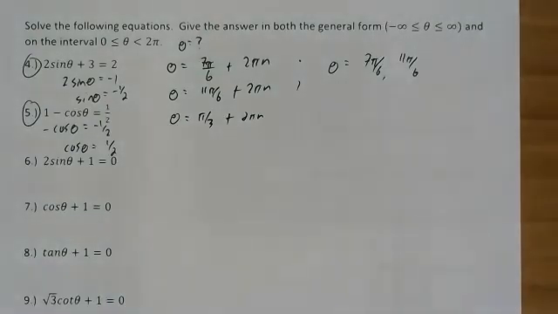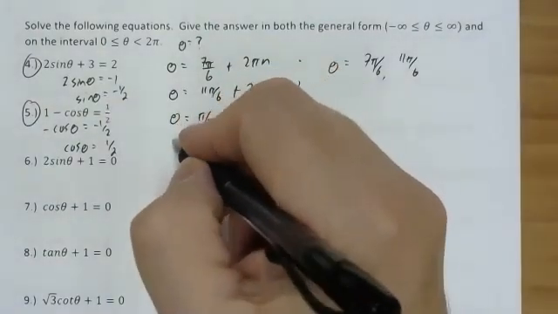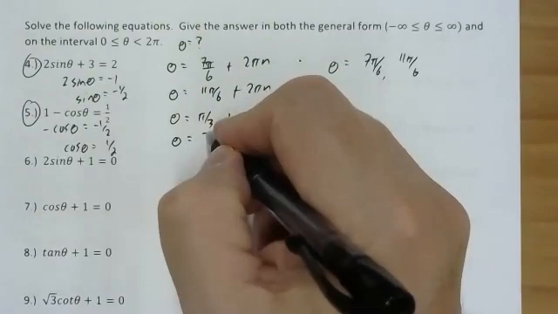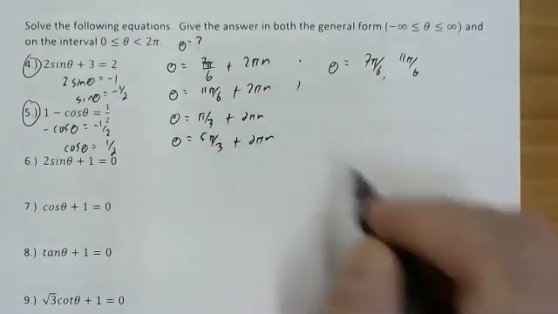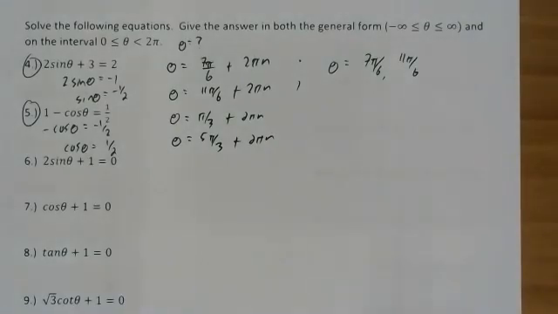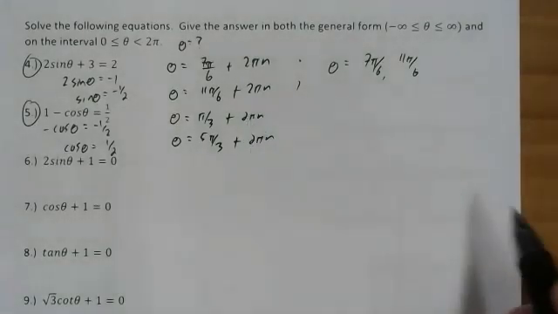So there's the general solution. Then if you go to quadrant 4, you have 5 pi over 3. And of course, you add 2 pi into both.